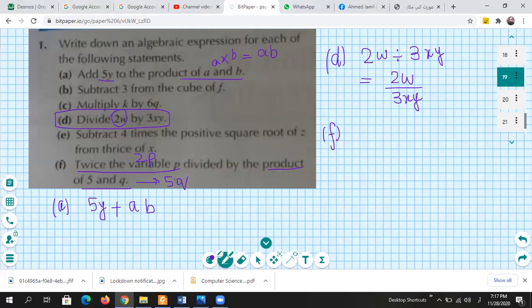So twice the variable p, 2p, divided by the product of 5 and q, which is 5q. Or it can also be written as 2p over 5q.